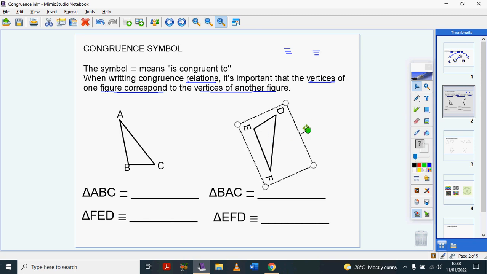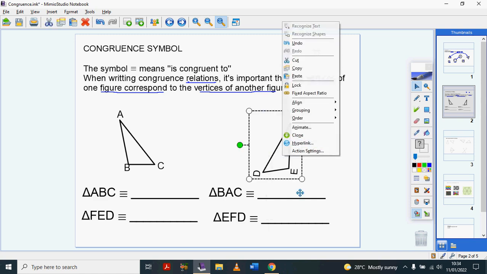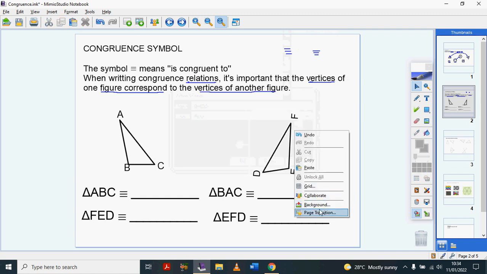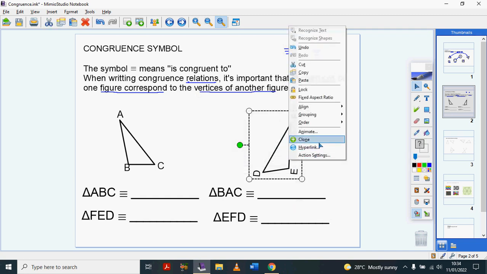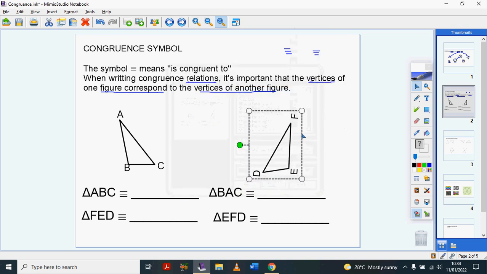If I rotate this triangle to make it look like the other one, and if you were to reflect this, you could see that they are the same exact shape and size, so they are congruent.